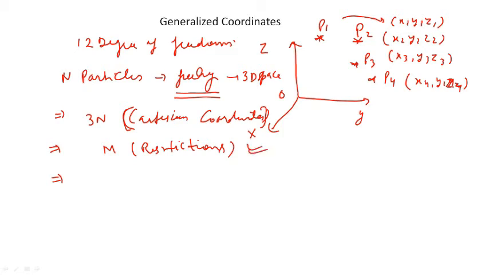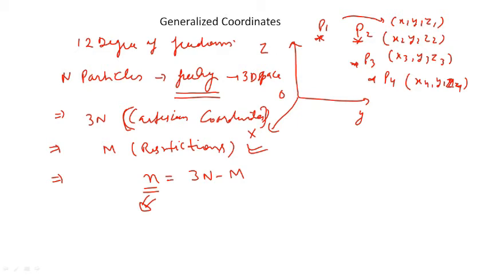Okay, so suppose here now the number of free coordinates or independent coordinates, say small n, is equal to 3n minus m. So small n represents the number of generalized coordinates or free coordinates to specify the position of the dynamical system, right?